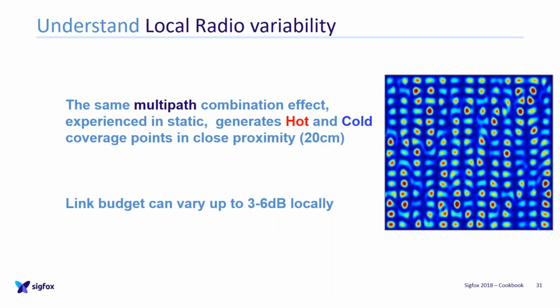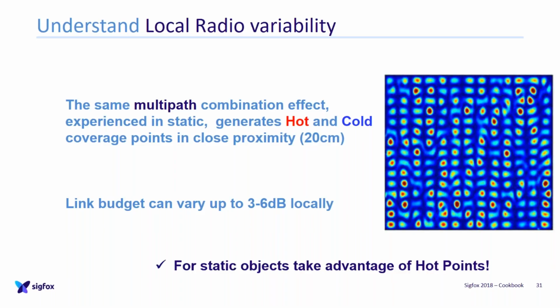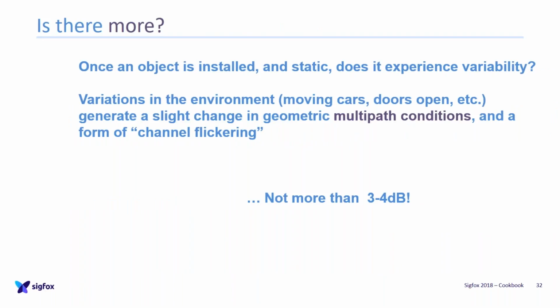The impact is small when you are not in mobility, because it's residual multipath behavior, but you can have up to 3, 5, 6 dB locally. So for static objects at the limit of the network, you can still try to find an optimal location locally when needed. Now, is there more variability? Is there magic in radio? No, there is no magic in radio. It's very deterministic, as far as we have observed.